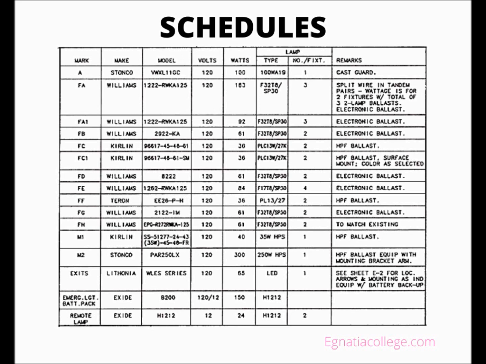A receptacle schedule should include the symbol designation used by the designer, amperage rating, number of wires and poles, voltage rating, NEMA type, the configuration of the blades or slots, a manufacturer catalog number reference, special information, duplex, single, three-phase, etc. Note: receptacle information may be found on an equipment schedule.